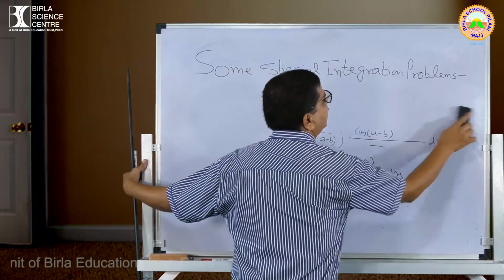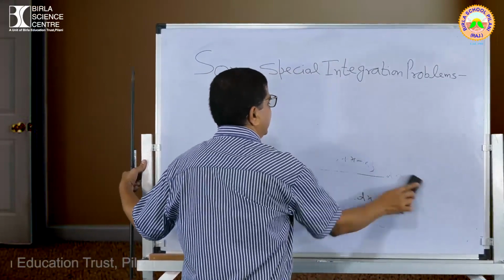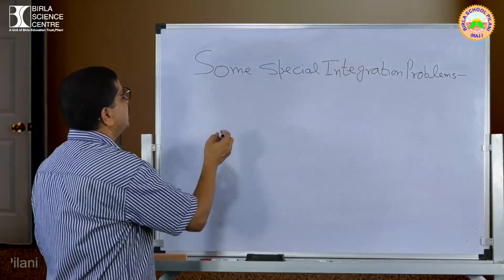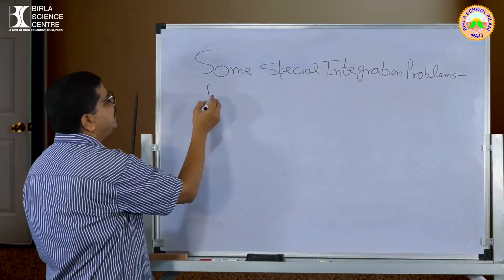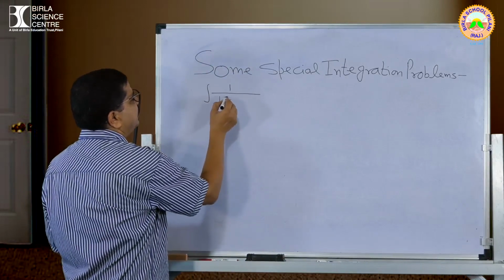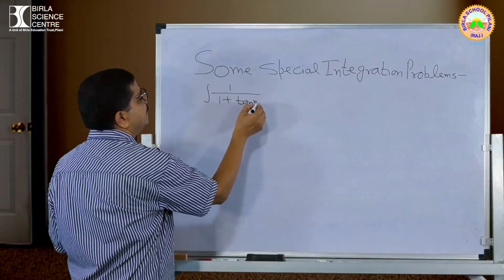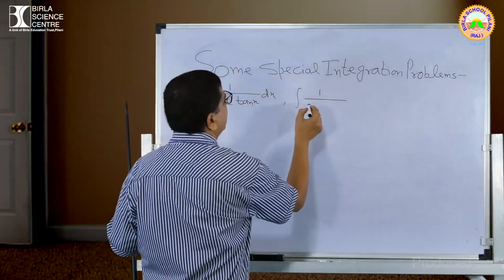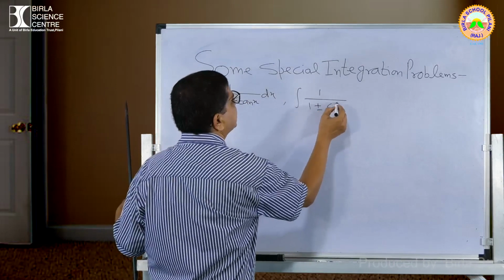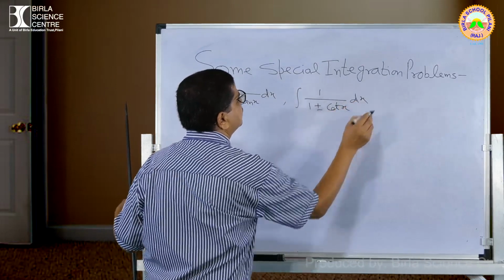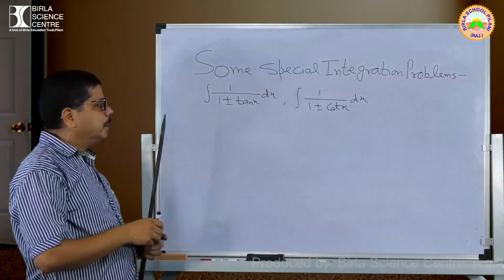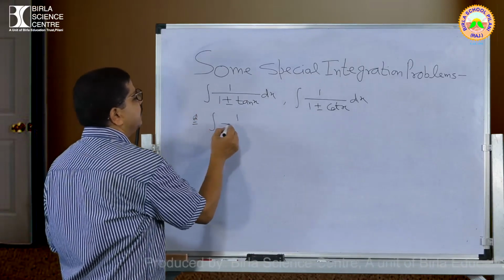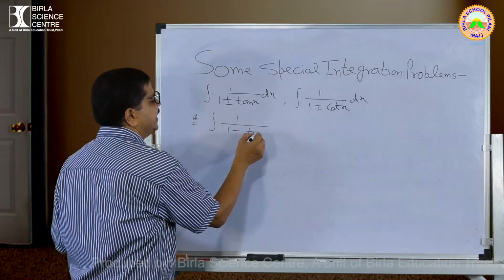Now in your textbook there are a few more specific problems which are solved by a particular method, that is 1 upon 1 plus or minus tan x, 1 upon 1 plus or minus cot x. I am taking just one example, say 1 upon 1 minus tan x.